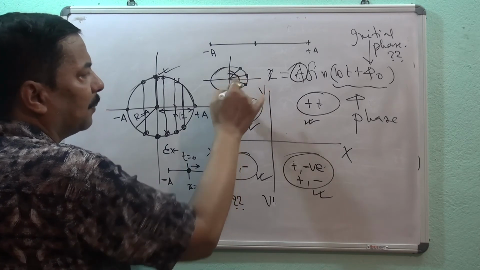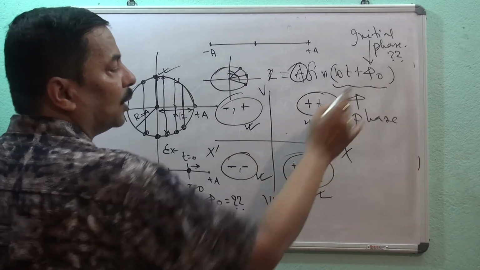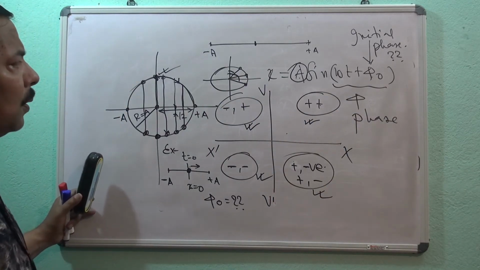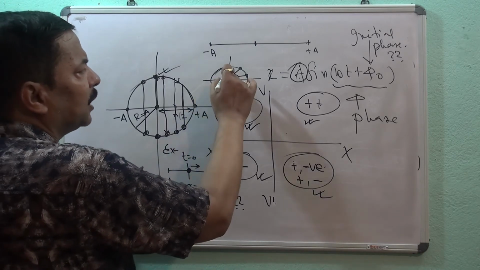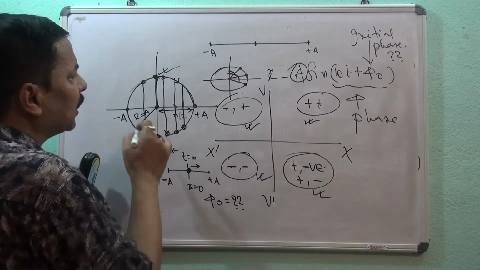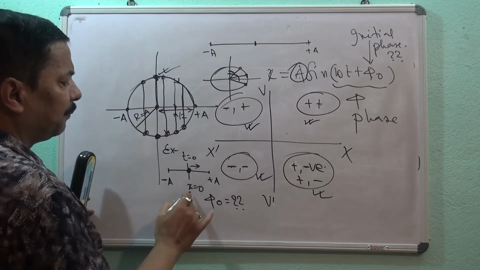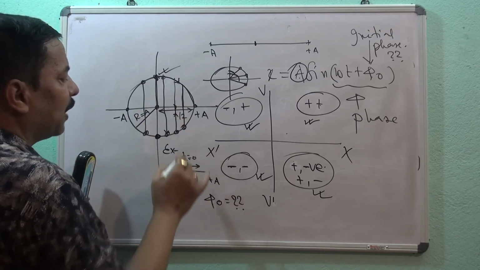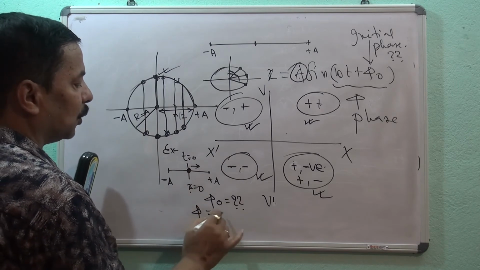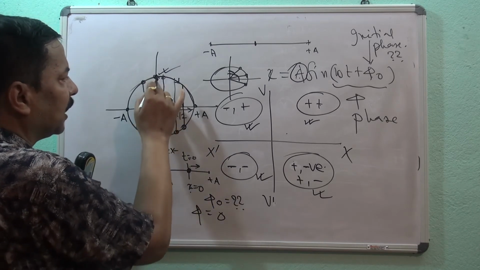Like that only, this complete quantity will represent this quantity. So my main intention is to find the initial phase. So in this situation, when x is equal to 0 and t is equal to 0, you are getting the phase, that is phi naught is equal to 0. Why? This angle is making 0.